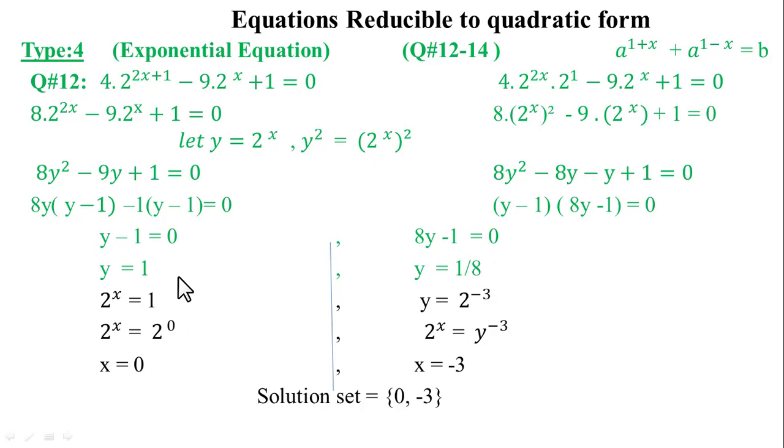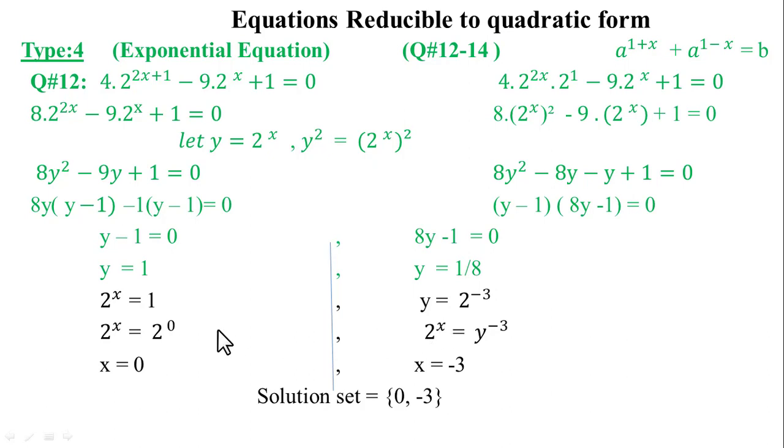Now putting the original variable, 2 to the power x is equal to y. Then replacing y with the original variable, 2 to the power x is equal to 1, and 2 to the power x is equal to 1 upon 8, which is 2 to the power minus 3, because 8 is 2 to the power 3. When moved upward, the power will be negative.